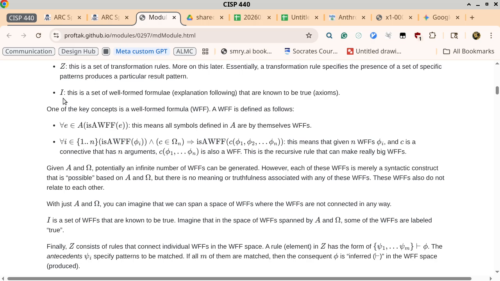So what is the application? What do we want to do with propositional logic? The idea of propositional logic is you want to know whether a particular expression is true or not, whether it can be implied by iota or not.